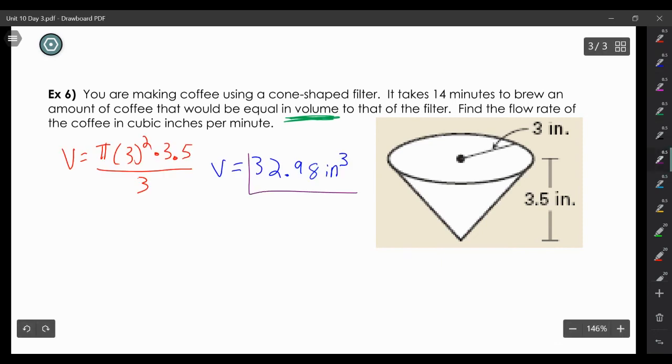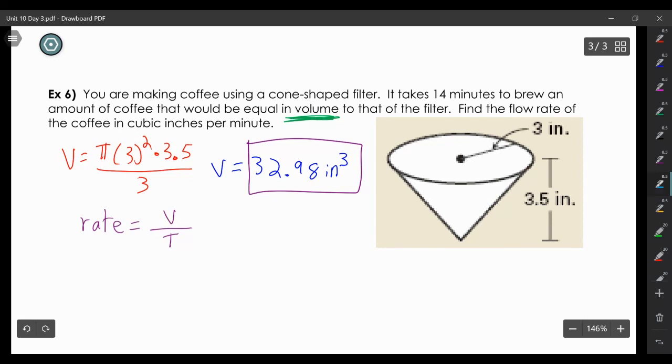Okay, so I got the volume to be 32.98 cubic inches. If you got something similar and just maybe round it differently, that's fine. Now to calculate the flow rate is going to be the volume divided by time.